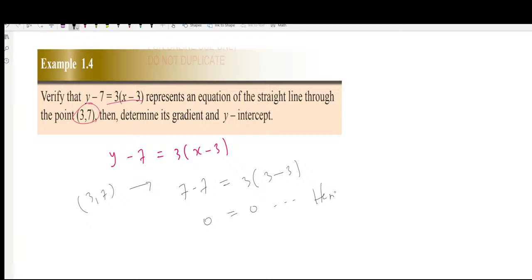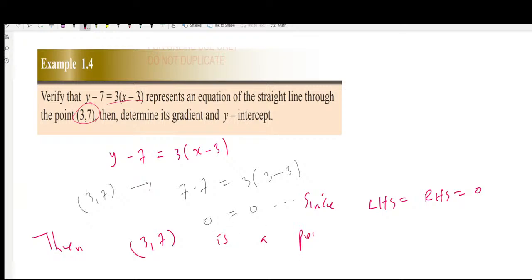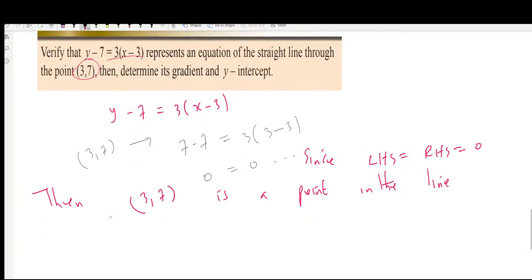And hence, since the left-hand side equals the right-hand side, which is 0, you can say that (3, 7) is a point on the line y minus 7 equals 3(x minus 3), dear students. So that is the first part.